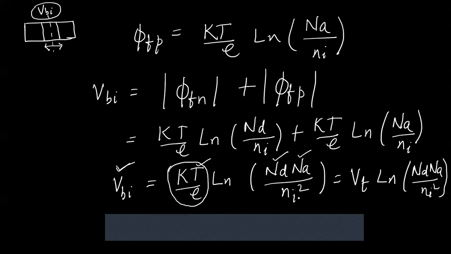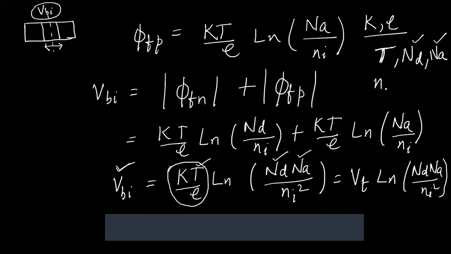Knowing that k and e are constants, we need the temperature of the surroundings or the semiconductor itself, and the doping concentrations: Nd is the dopant added for the n region, and Na is the acceptor or trivalent impurity added to form the p region.